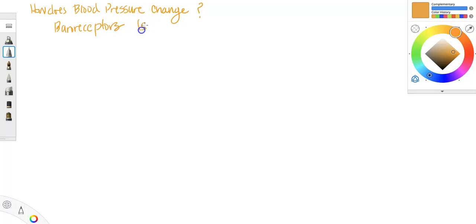These are stretch receptors. So they monitor how much stretch is in the large vessels.